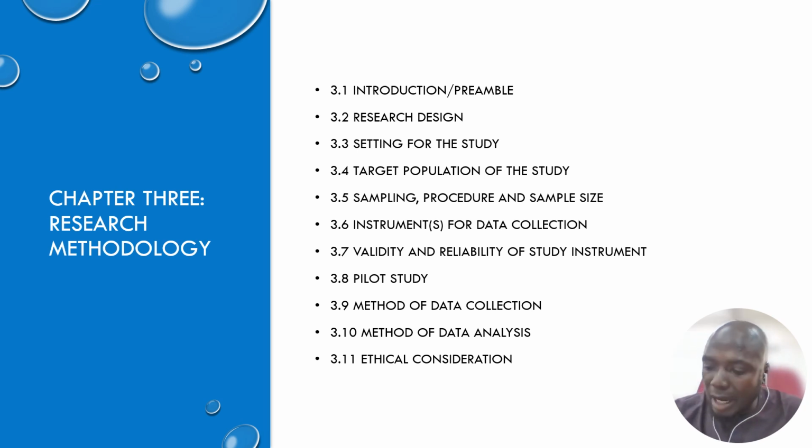Then you are done with 2.3.1. Now 2.3.2, you go back to your objective, which says examine the effect of the use of information communication technology facilities on job performance. So 2.3.2 is the effect of the use of information communication technology on job performance among health workers.